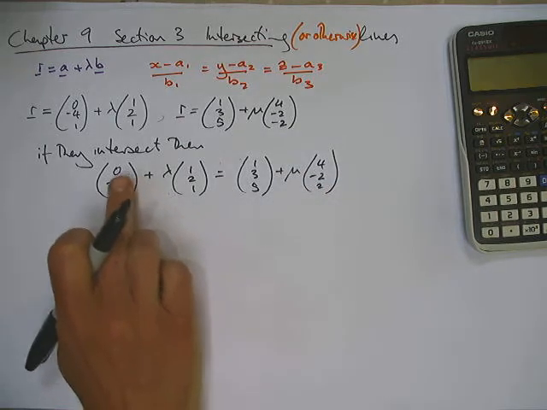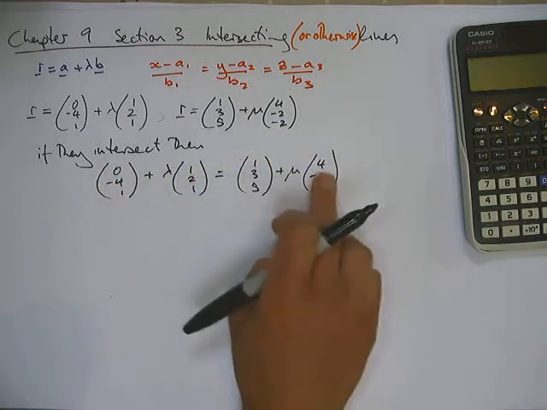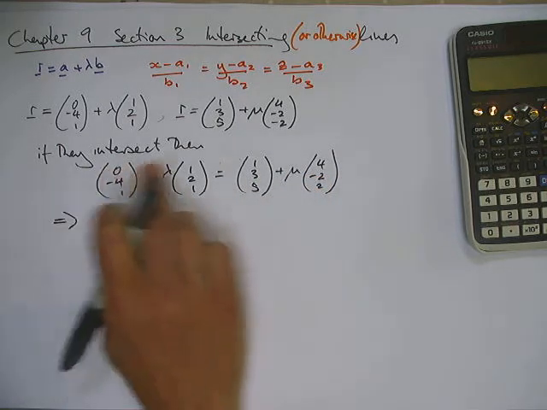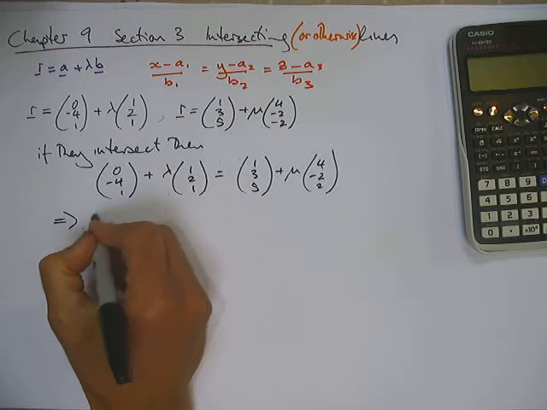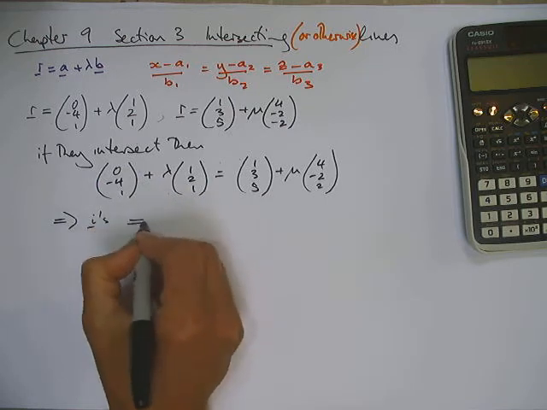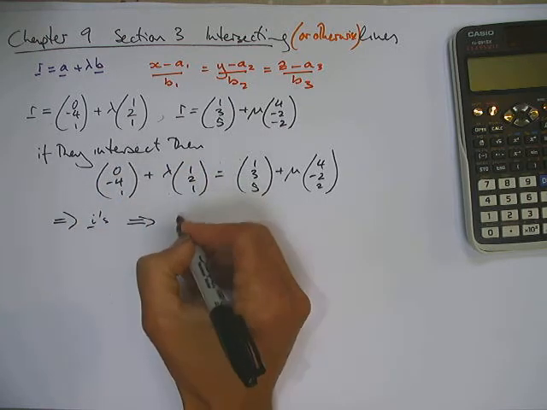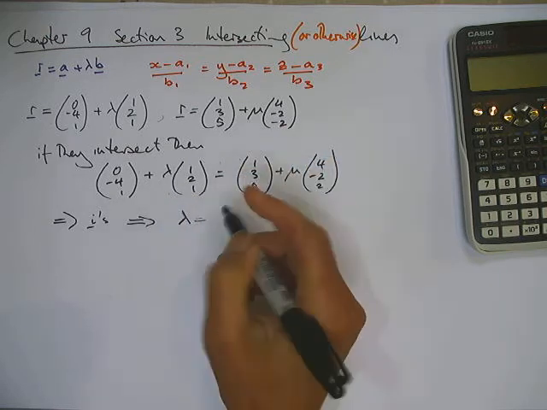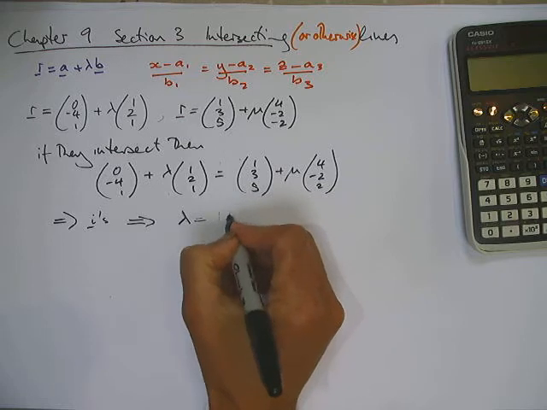More particularly, we can put all the i bits together, all the j bits together, and all the k bits together. The i's give naught and lambda equals 1 and 4 mu.